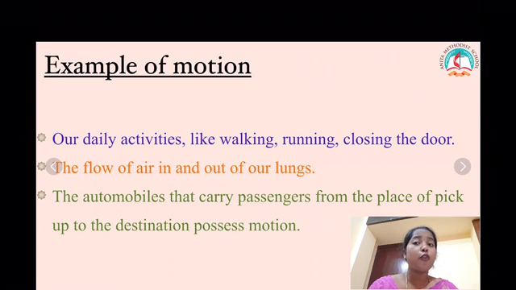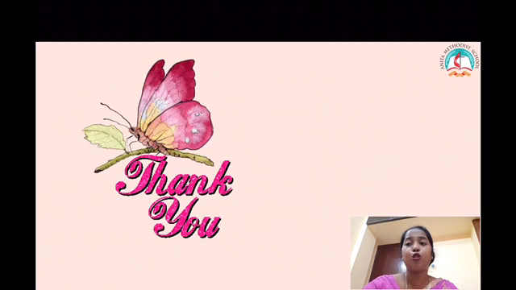There is a change of position of the object involved in these activities. Next, the flow of air in and out of our lungs is also an example of motion. The automobiles that carry passengers from the place of pickup to the destination possess motion. In this case, the position of a passenger is changed from one place to another. So these are some examples of motion.